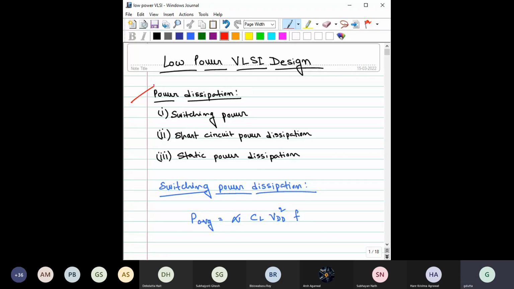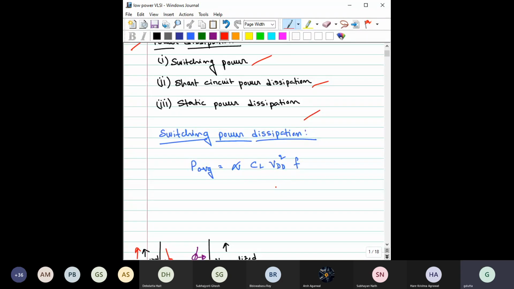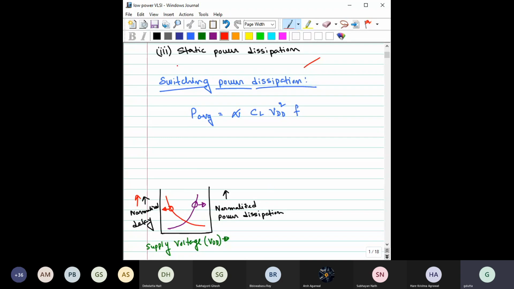Regarding power dissipation, we have also seen that it can be switching power dissipation, static circuit power dissipation, and also short circuit power dissipation. We discussed these quite extensively during our CMOS discussion as well. Switching power dissipation is given by alpha CL VDD square into F, where alpha is the switching factor or transition factor.